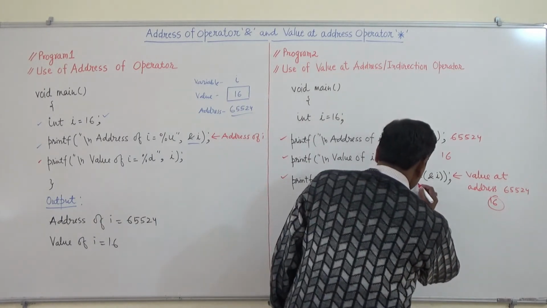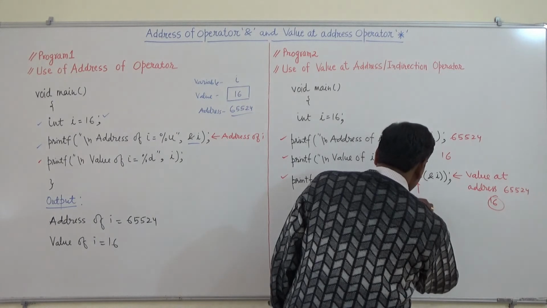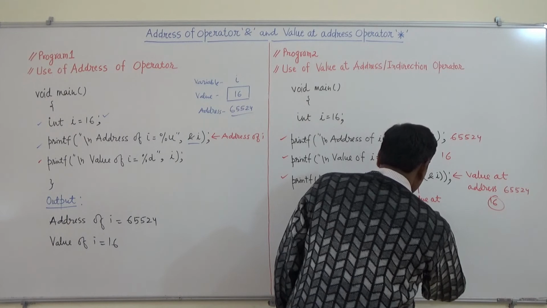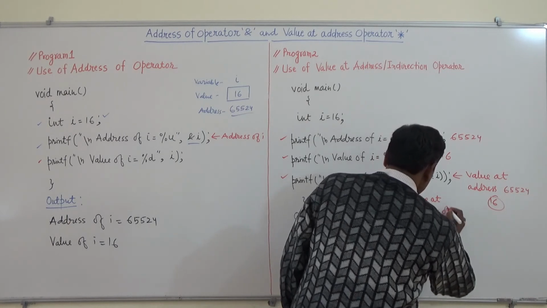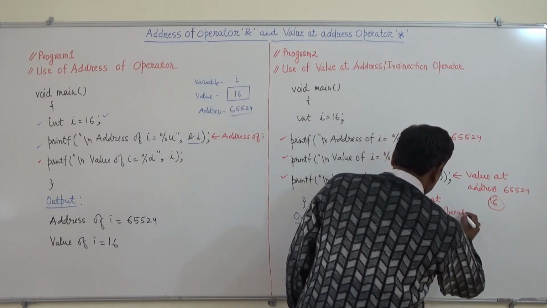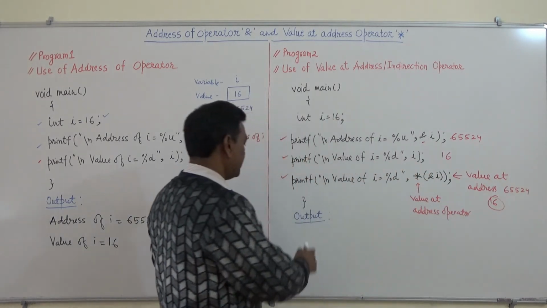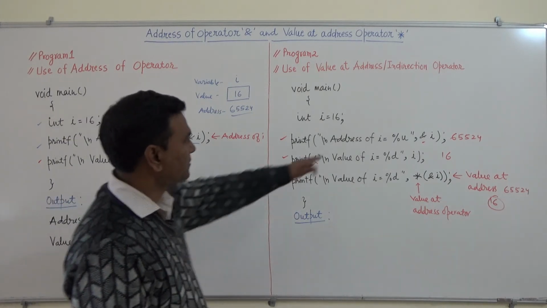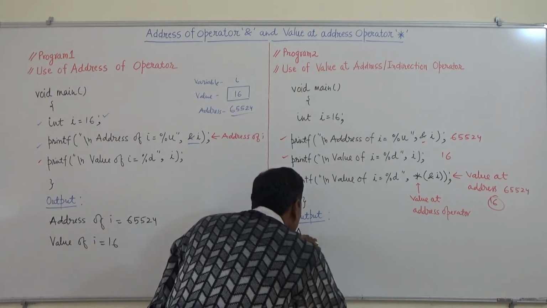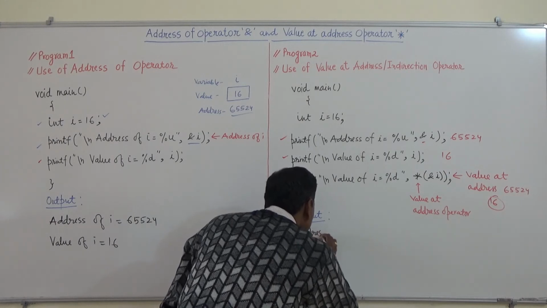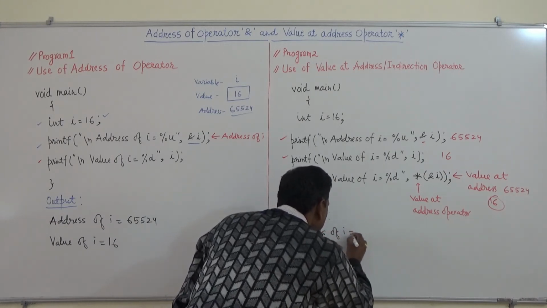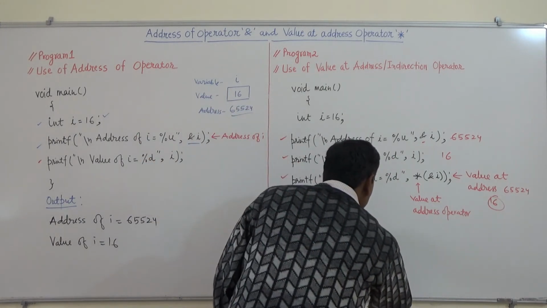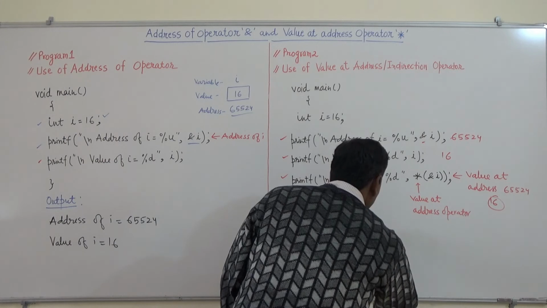Now we can write the output. Its output will be: address of I equals 65524.